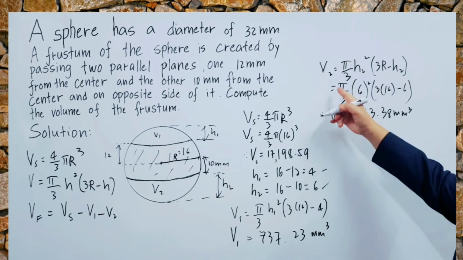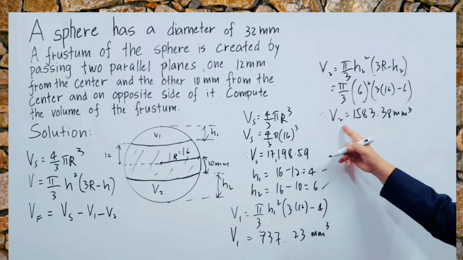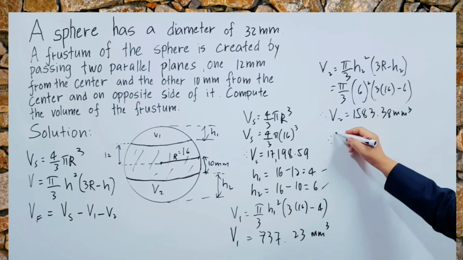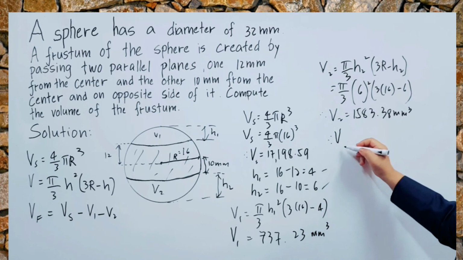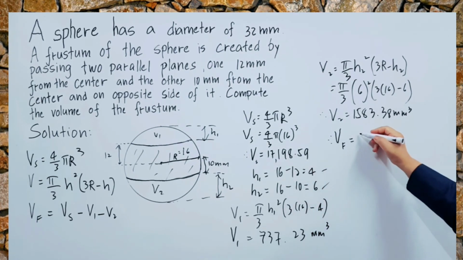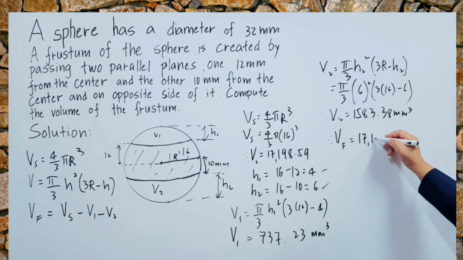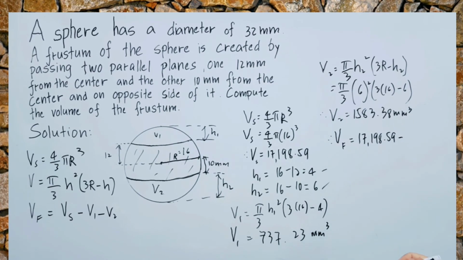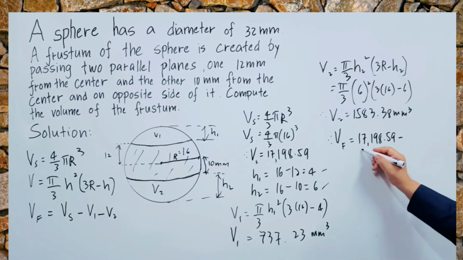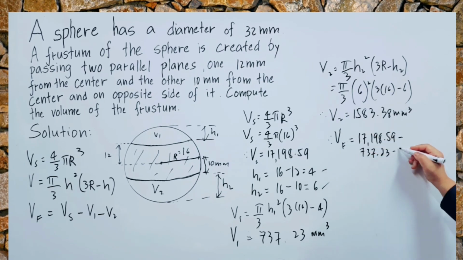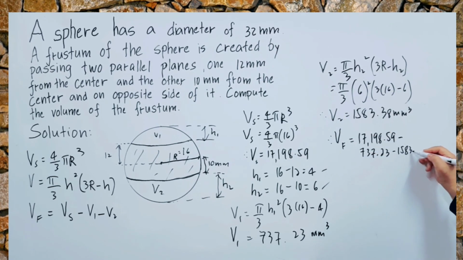Now, we have the V1 and we have the V2, and we have the volume of the whole sphere. Therefore, we can solve the volume of the frustum, which is equal to the volume of the sphere, 17,198.59, minus the volume 1, which is 737.23, minus the volume 2, which is 1583.38.